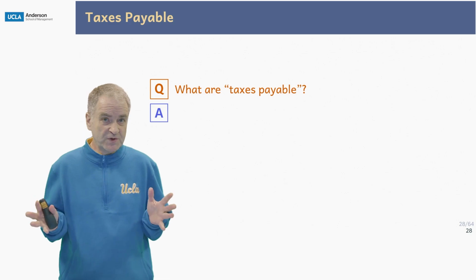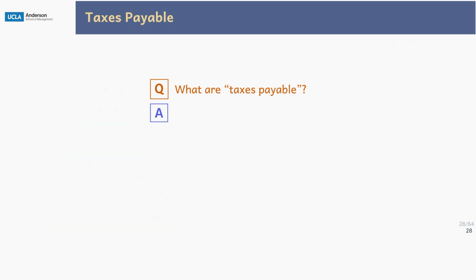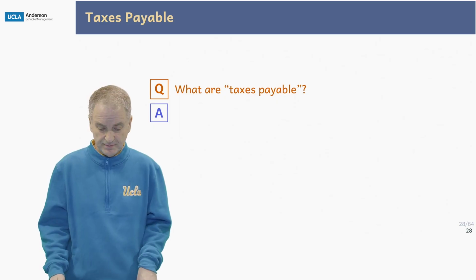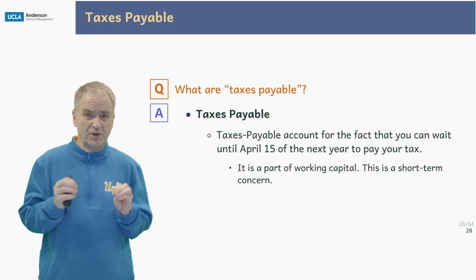So, first question is, what are taxes payable? Please pause this video now, answer the question on a piece of paper, and then continue. Well, taxes payable are an item that's a part of working capital.